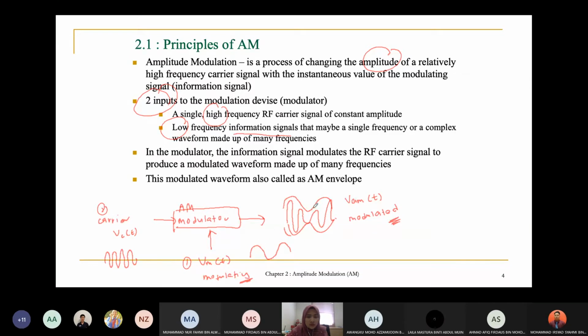That is why you will get something like this. This is the carrier, so it changes the amplitude of the carrier to follow the amplitude of the modulating signal. This is what we call amplitude modulation. And this output signal, we call it the AM envelope.